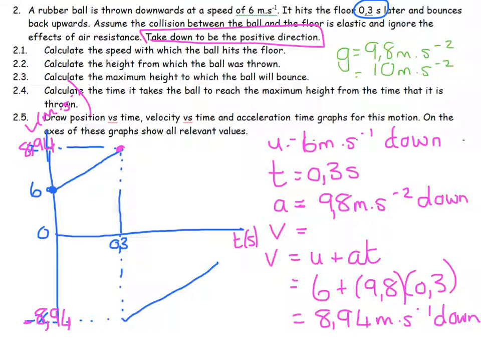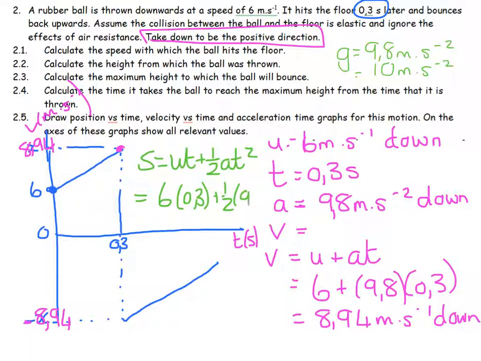I may be able to use this velocity as a final velocity, but I'm going to just use this information and calculate a displacement. Displacement is ut plus a half at squared. My starting velocity was 6, the time was 0,3, plus a half, 9,8. All of these are positive because they're all down, 0,3 squared.